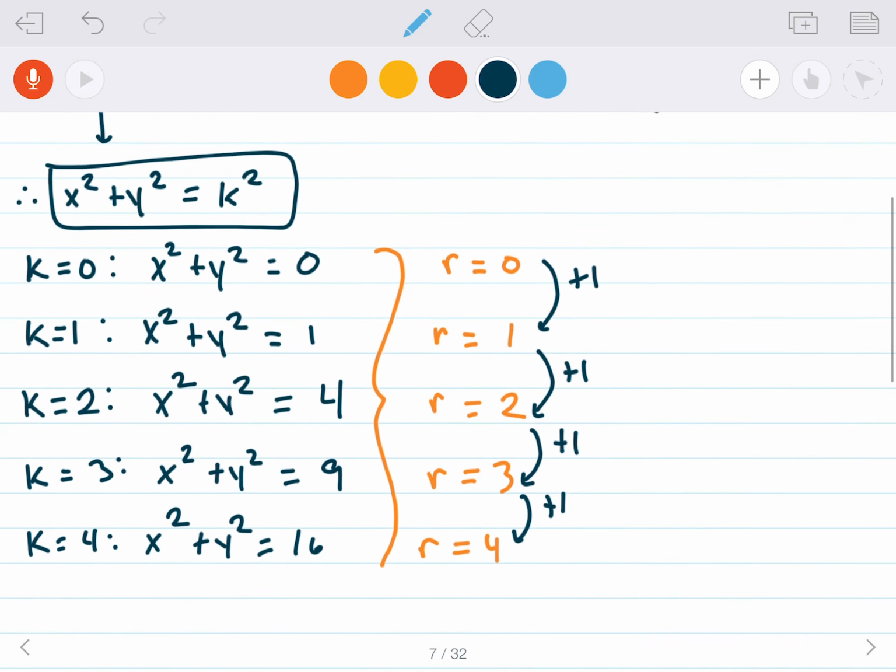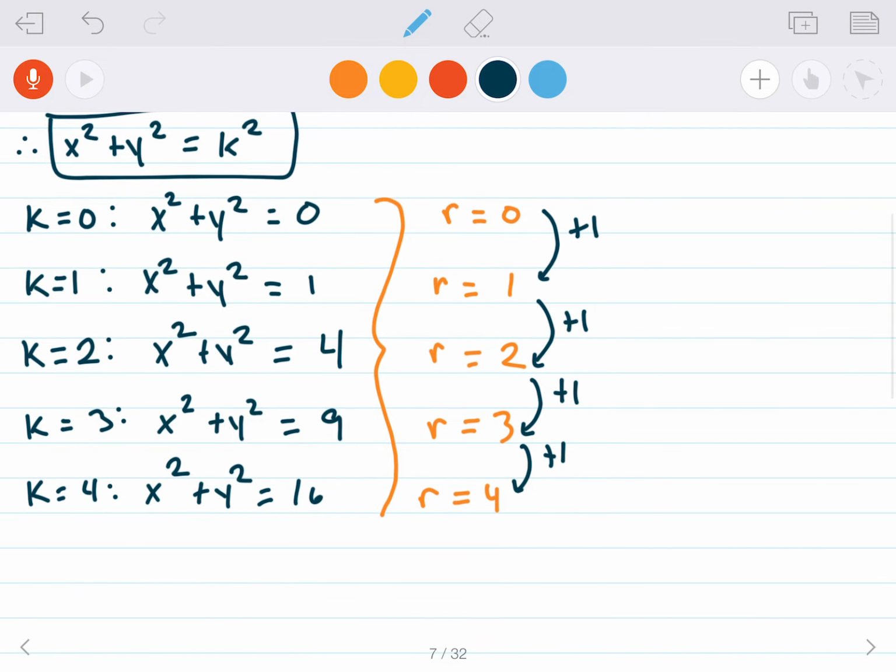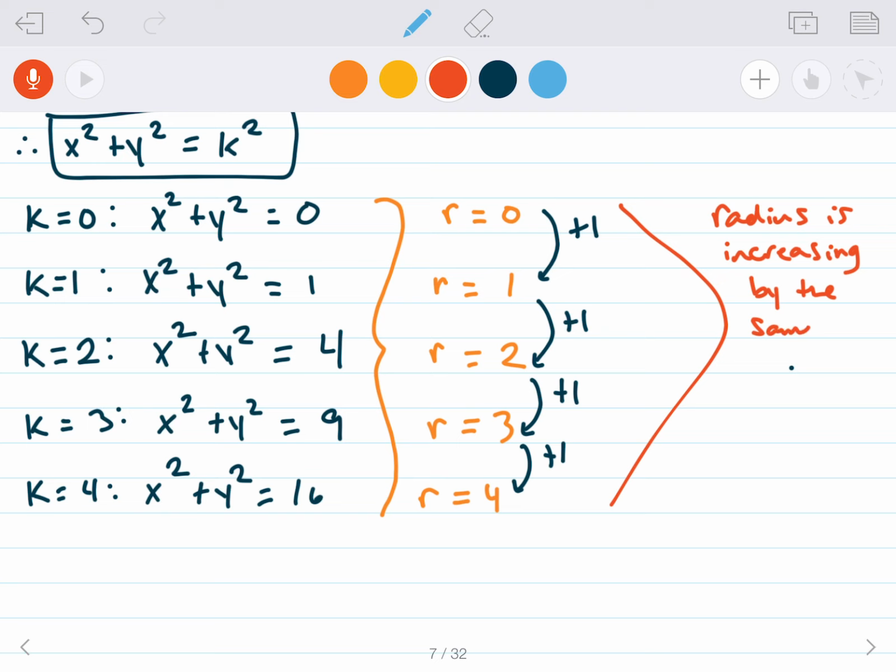And so what this is telling us is that since the radius is increasing by the same amount, the steepness of our object is the same throughout.